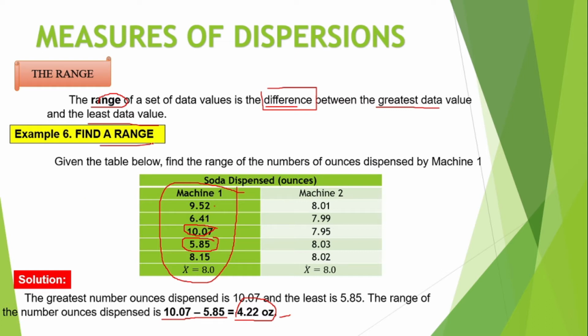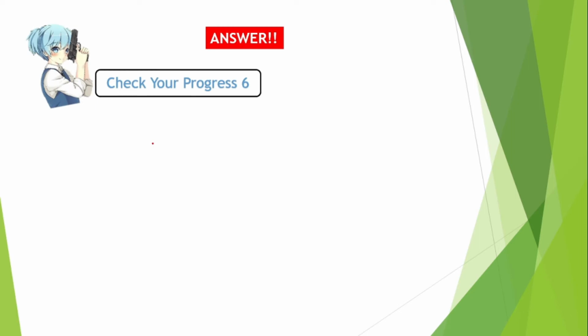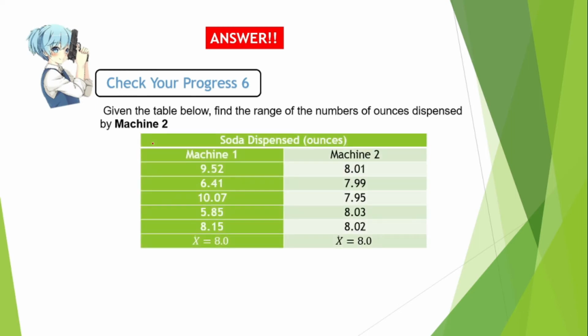You just look for the greatest value and the least value and then subtract them to find the range. Do not forget that. For your exercise, just answer Check Your Progress 6. You need to find the range of the number of ounces dispensed by machine 2.